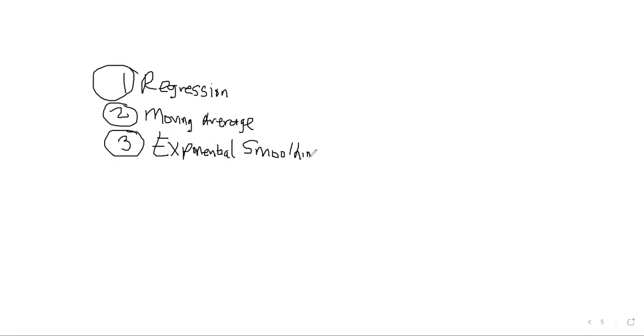So in forecasting, the first one that we are looking at is regression. By the end of this topic, we need to make sure that we understand these three techniques that are supposed to be used in forecasting as we get to this topic in detail.